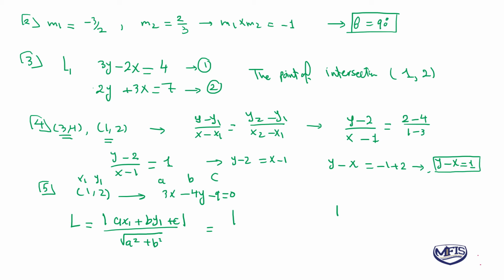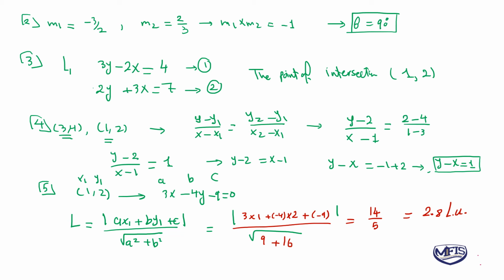So we have 3 times 1, plus negative 4 times 2, plus negative 9, over the root of 3 power 2, which is 9, plus 4 power 2, which is 16. So the final answer will be 14 over 5, which equals 2.8 length units.